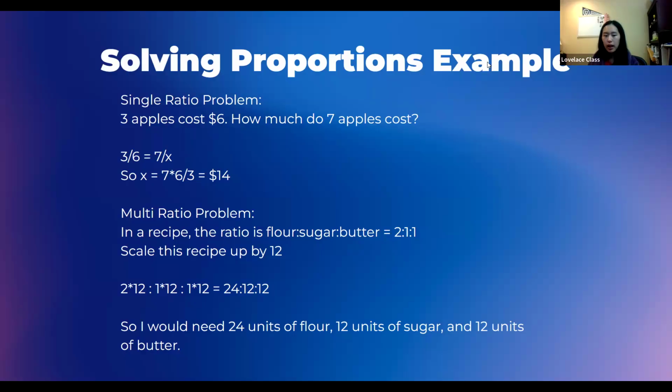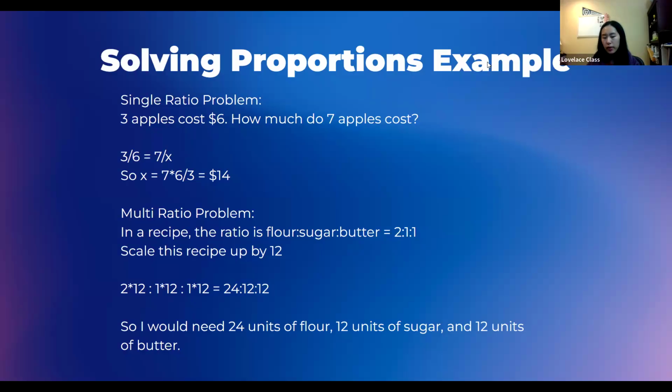So if I want to make 12 batches of cookies, a lot of cookies, I would multiply all of the numbers by 12, all 3 numbers. So I do 2 times 12 to 1 times 12 to 1 times 12, which is 24 to 12 to 12.